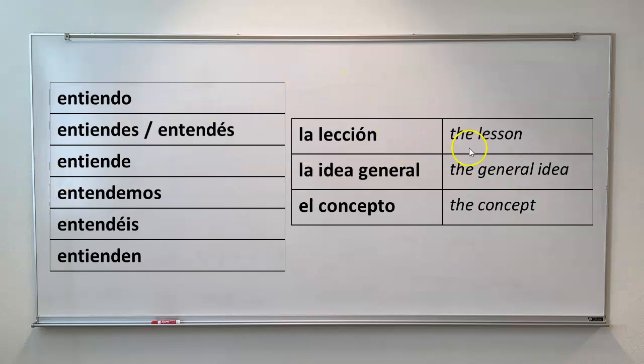And over here on the right, I just have some things that we understand, so to speak. So for example, la lección, the lesson. When somebody's teaching you something, you could say, I understand the lesson. The general idea, la idea general, and then finally, el concepto, the concept.